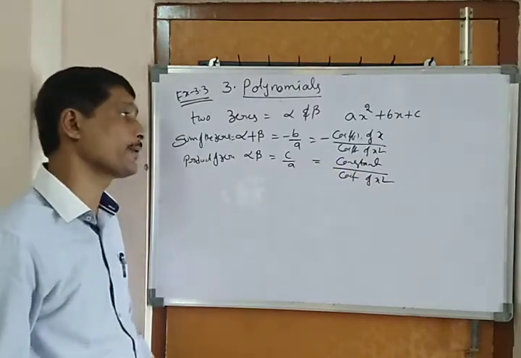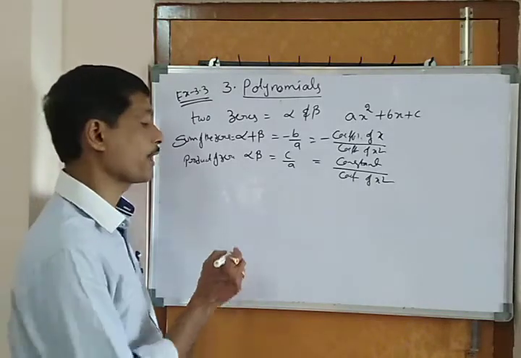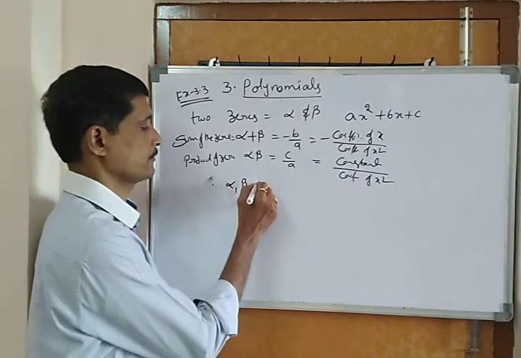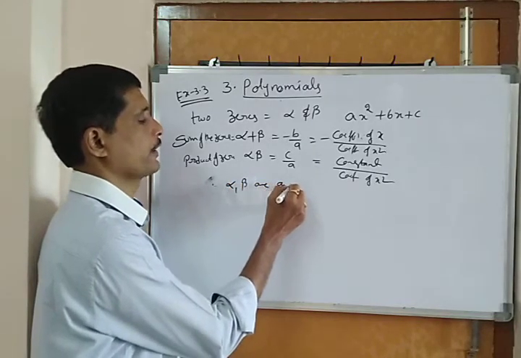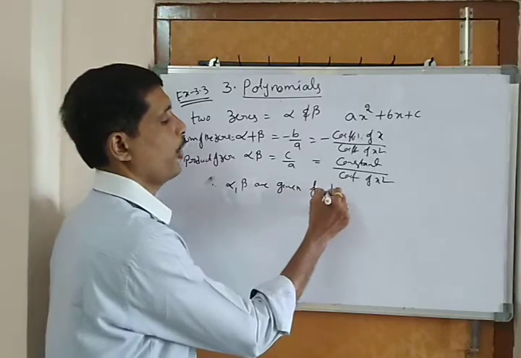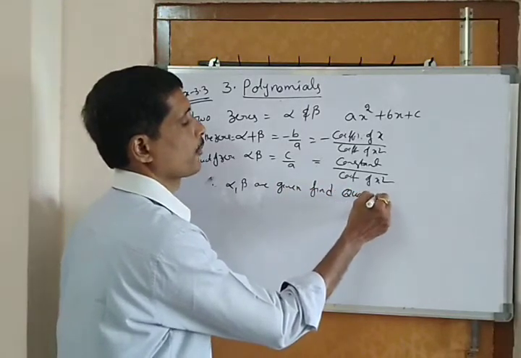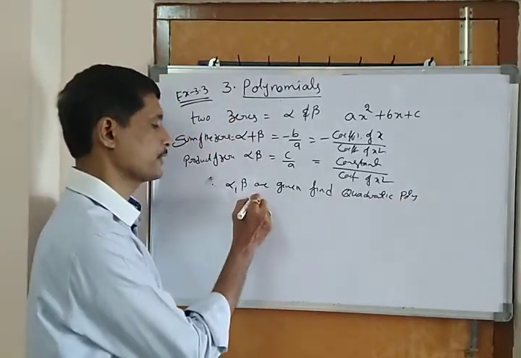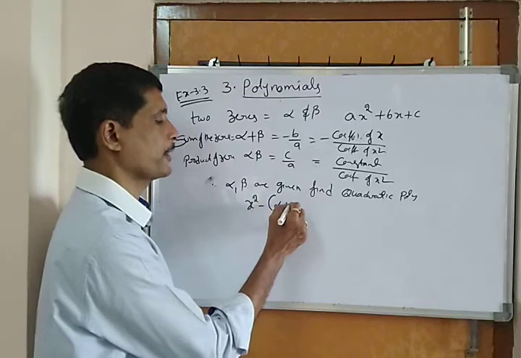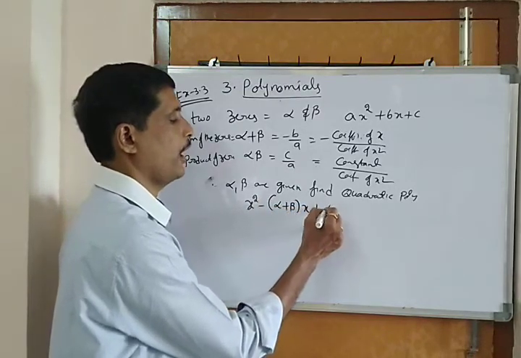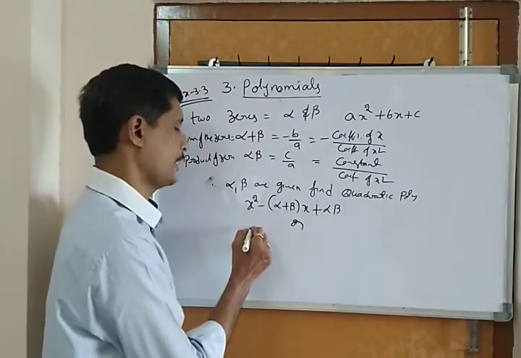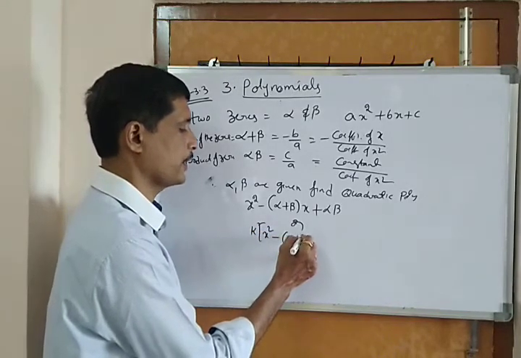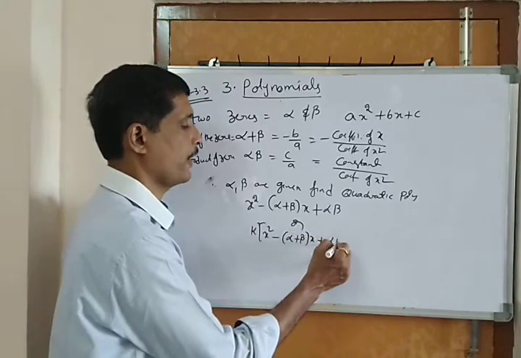Suppose sometimes the zeros alpha and beta are given and we must find the quadratic polynomial. The formula is x square minus alpha plus beta into x plus alpha beta, or sometimes k into x square minus alpha plus beta into x plus alpha beta.